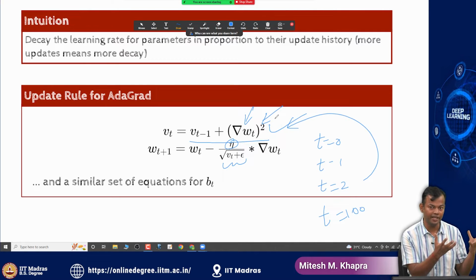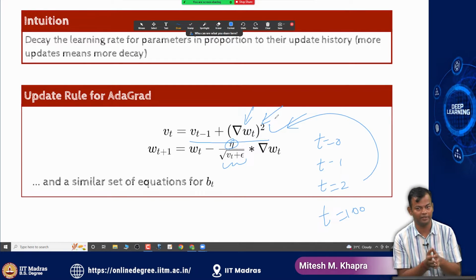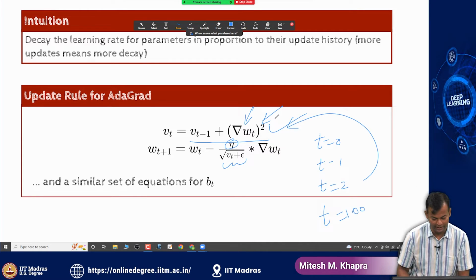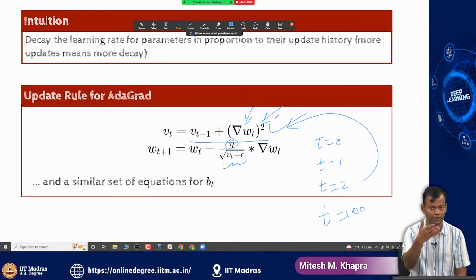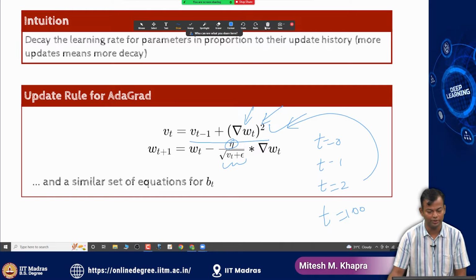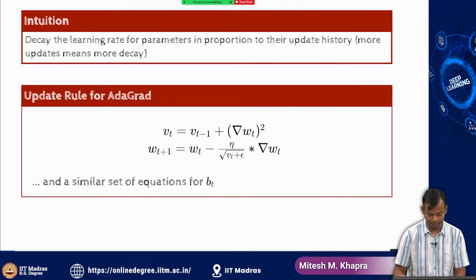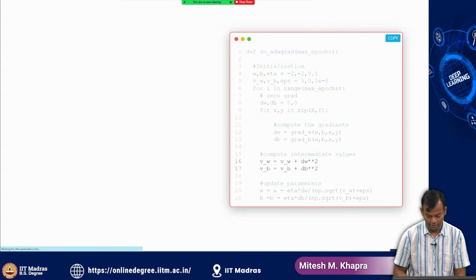If I made large updates, then I decrease the learning rate aggressively. If I made only a few updates, I don't decrease it aggressively, right? So that's what is happening here. Just as you have the update equations for W, you can also have the update equations for B, right? Okay, so this is the algorithm.